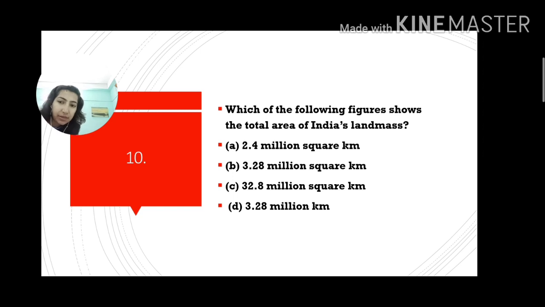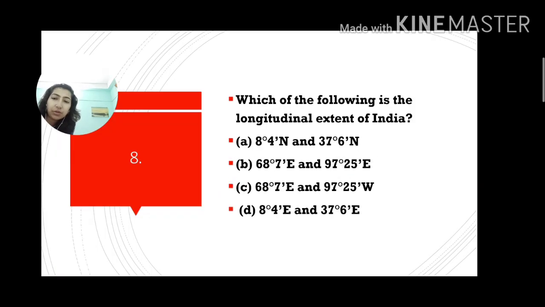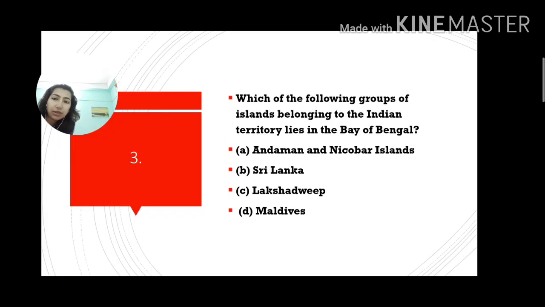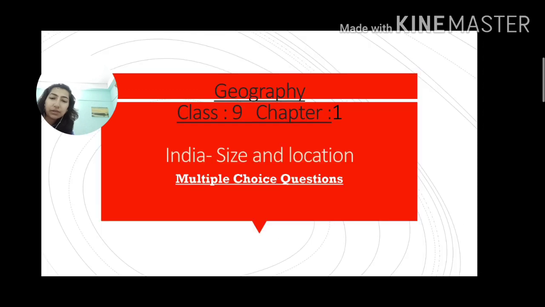The answer is, don't get confused between B and C, they look similar, but the answer is option B, 3.28 million square kilometers, the total area of India's landmass. Okay, I hope you got to answer all of them and got an idea about the size and location of India.